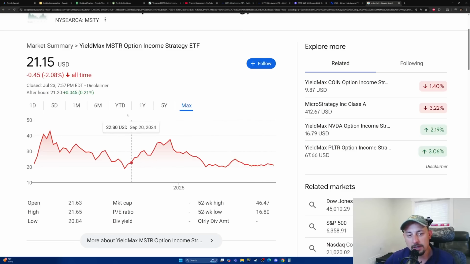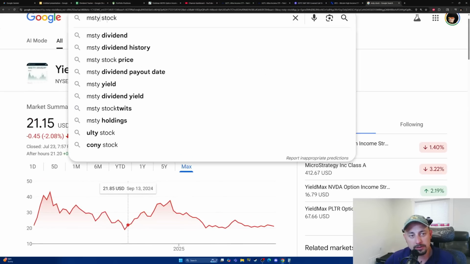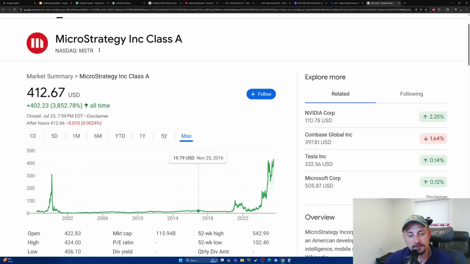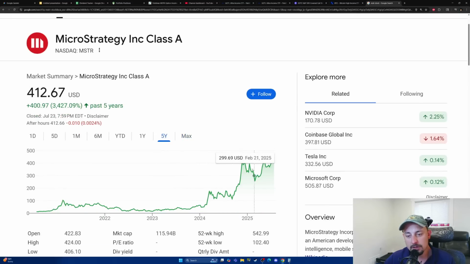But again, MSTY is not going to outperform MSTR. I mean, there might be days that it does, especially on the low days. MSTY will take a smaller hit than MSTR, but is this a bubble situation? Can we go back and lose 25% of our portfolio? And I did not feel comfortable.